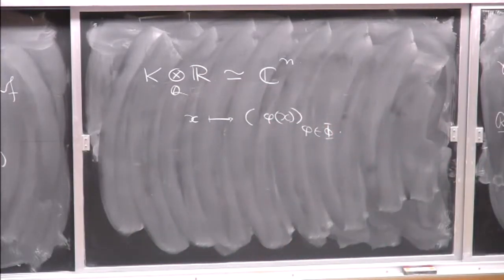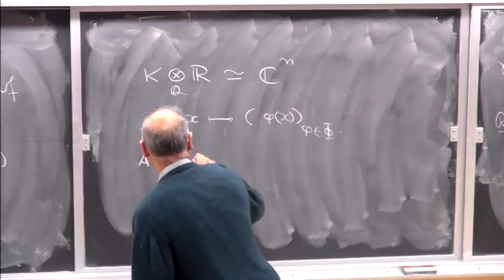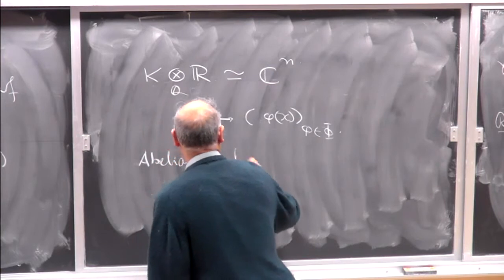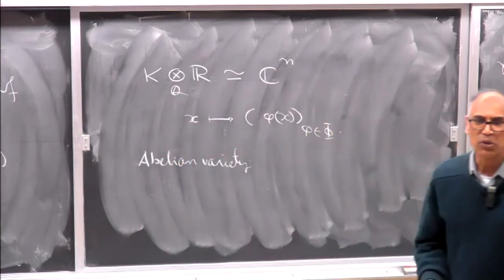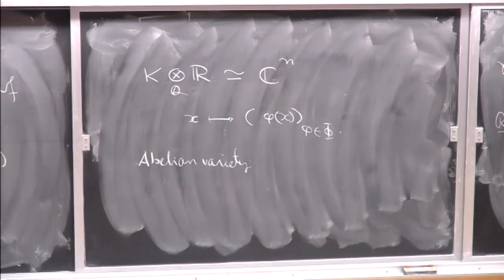Okay, so that defines for me a thing. Now I can define an abelian variety. The abelian variety is one of the most beautiful of algebraic varieties. It really is the kind you just fall in love with right away. So what is it? As a complex manifold, it's a torus.